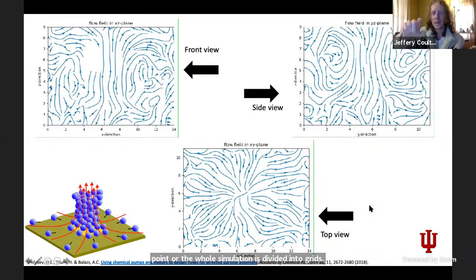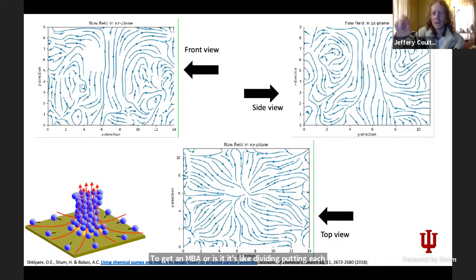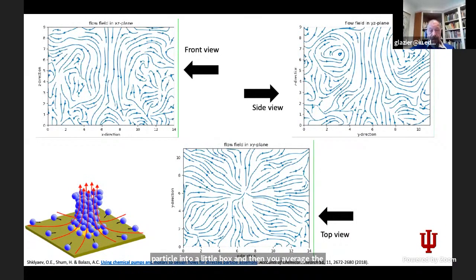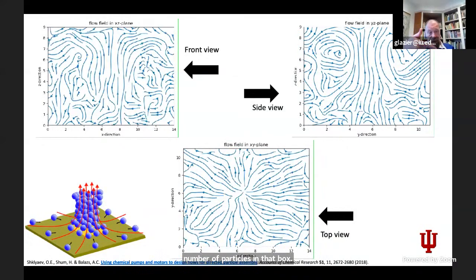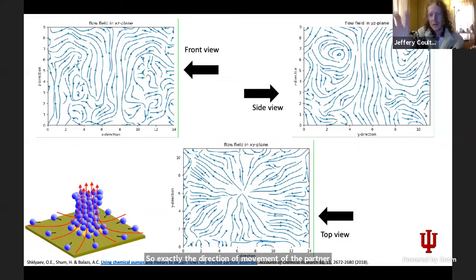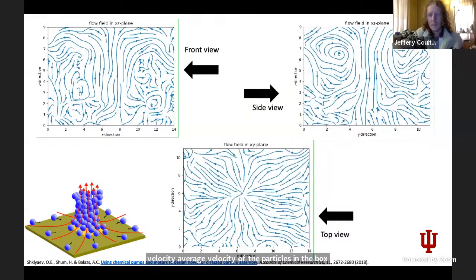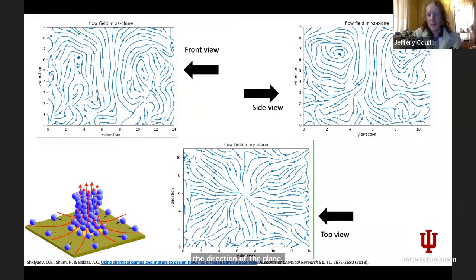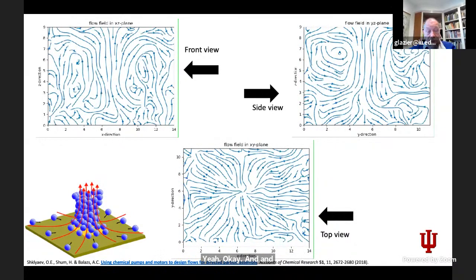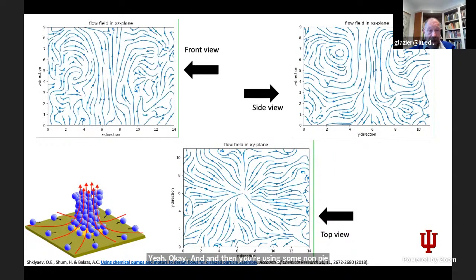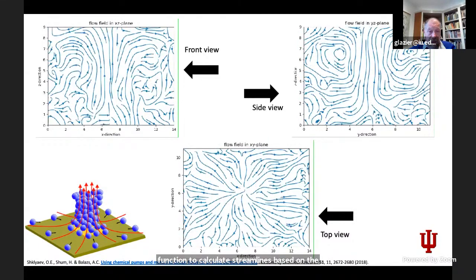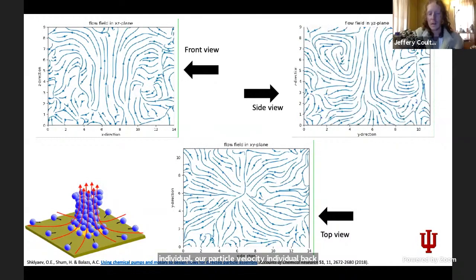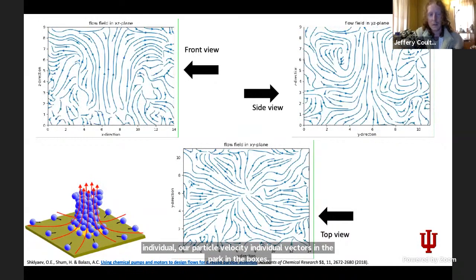So it's like putting each particle into a little box, and then you average the velocity of the particles in the box, in the direction of the plane. Yeah. Okay. And then you're using some NumPy function to calculate streamlines based on the individual vectors in the boxes. Yeah, it's the streamplot function.